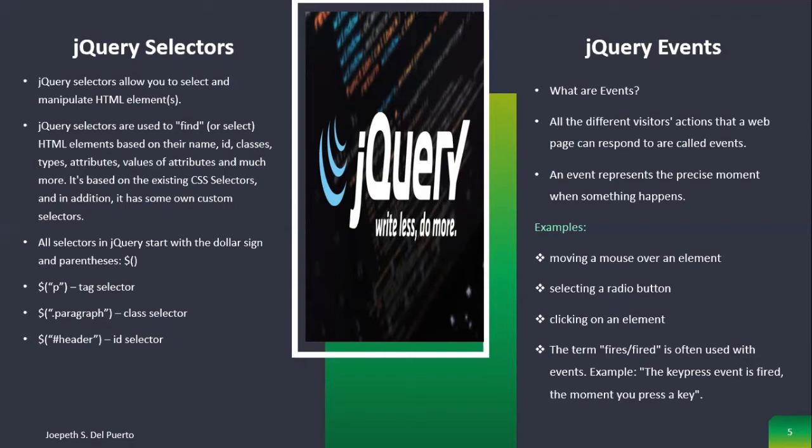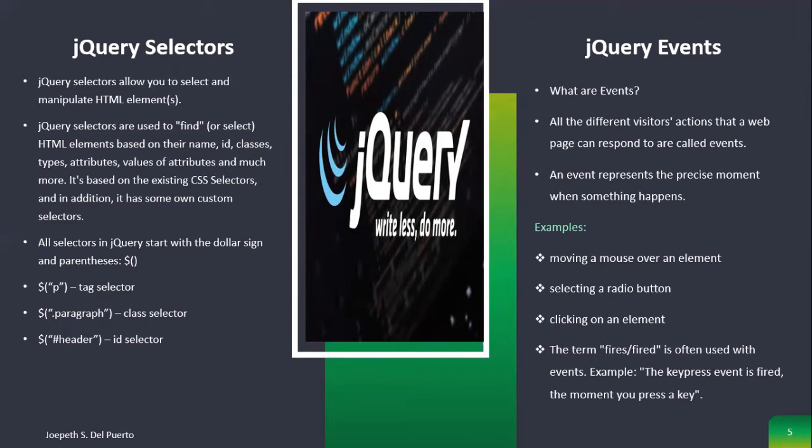It's based on the existing CSS selectors, and in addition, it has some custom selectors of its own. All selectors in jQuery start with a dollar sign and parentheses.